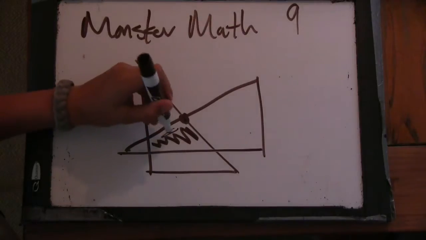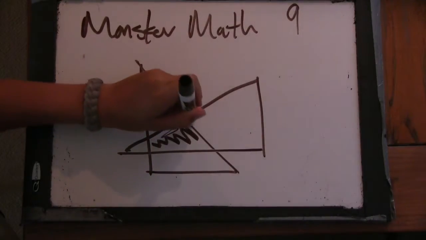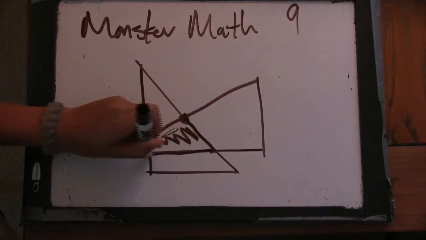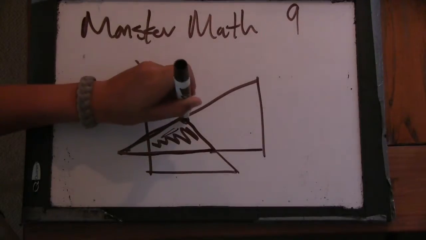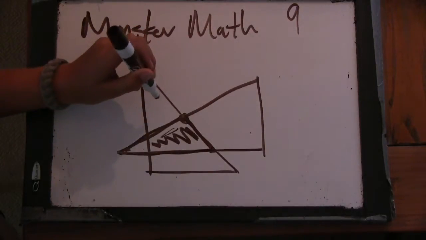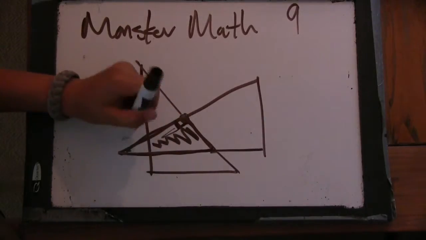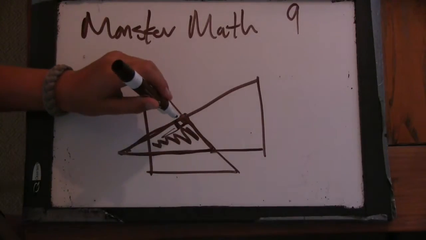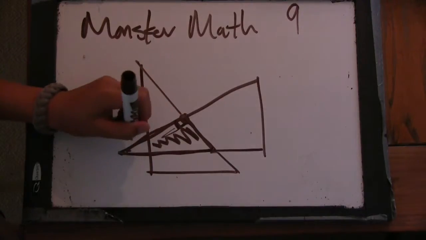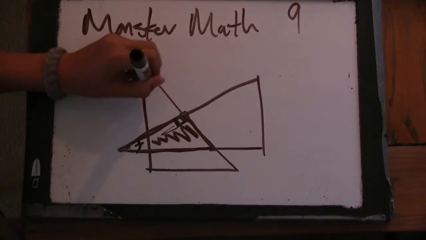So what I did first is I found the area of this right here. Okay, and what's that? This is a similar right triangle because we rotated it 90 degrees. It's also a 3, 4, 5 right triangle because we have this same angle here.